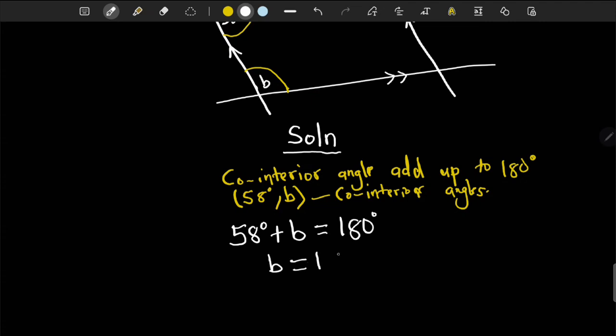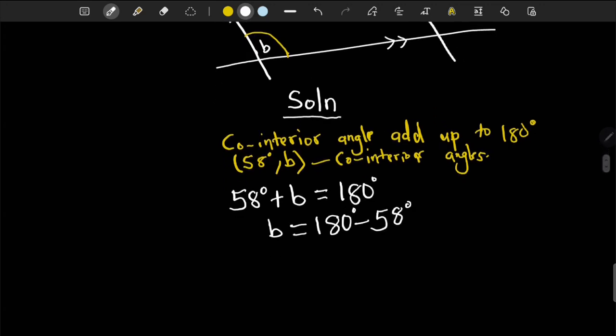So B is equal to 180 degrees minus 58 degrees. 180 degrees minus 58 will give us 122 degrees. Okay, so that is the final answer for B, the angle B.